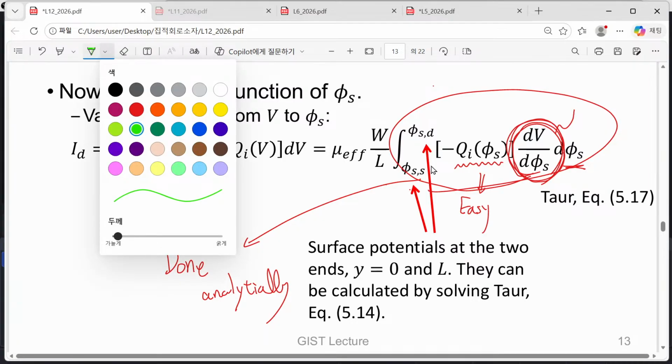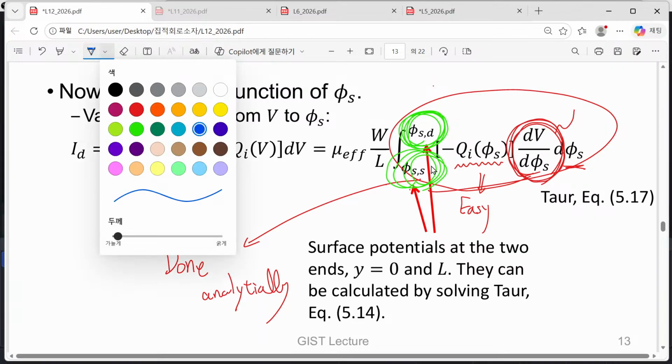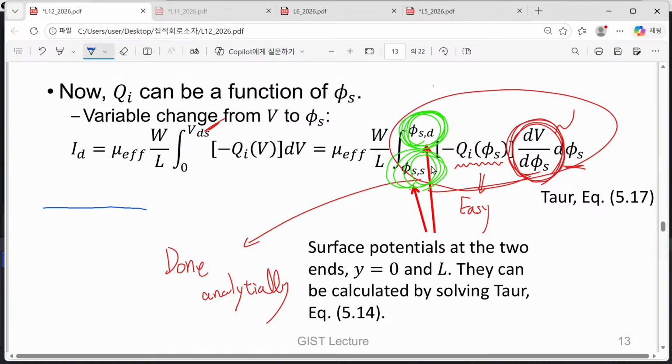This is not free. You have to calculate phi sub s at the drain side. You have to calculate phi sub s at the source side. You have to do these two calculations. But the advantage is really huge. Previously, you had y equal to 0, v equal to 0, and y equal to L, v equal to v ds.